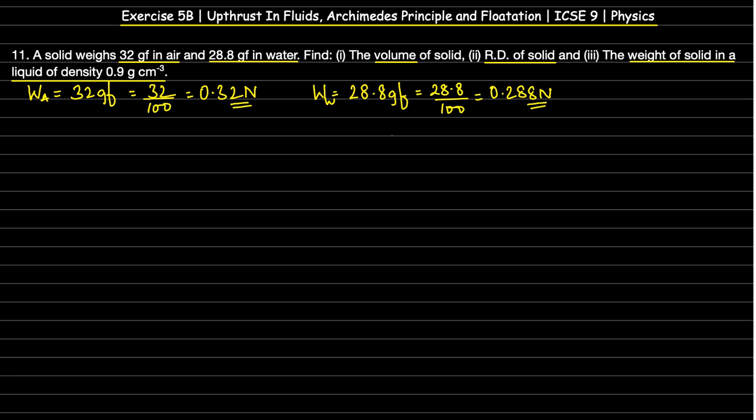Now we would be finding the upthrust. So upthrust, we will be using the formula weight of the body in air minus weight of the body in water. So weight of the body in air happens to be 0.32 minus weight of the body in water, which happens to be 0.288.